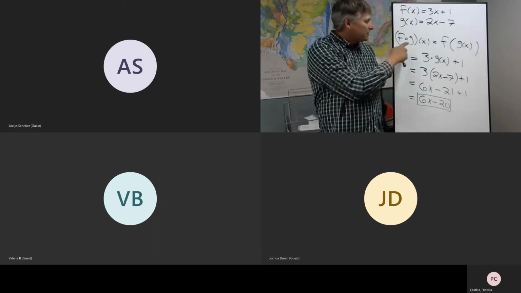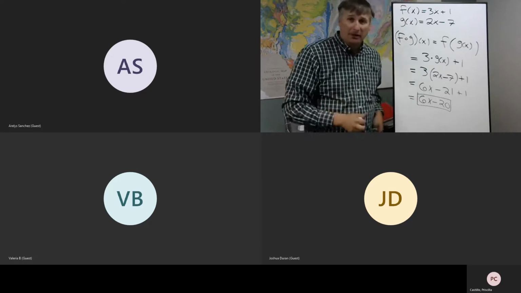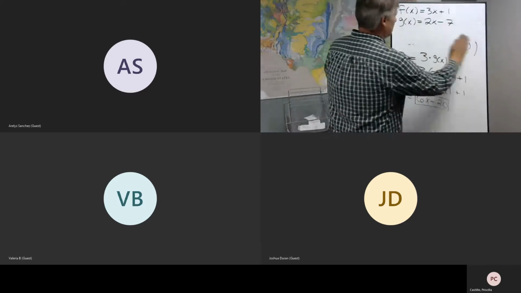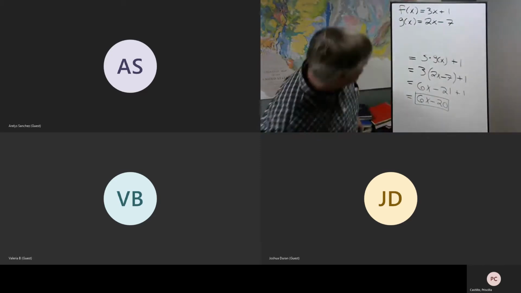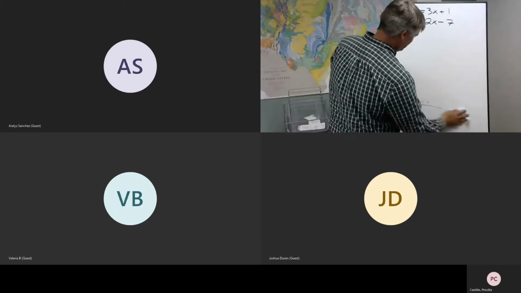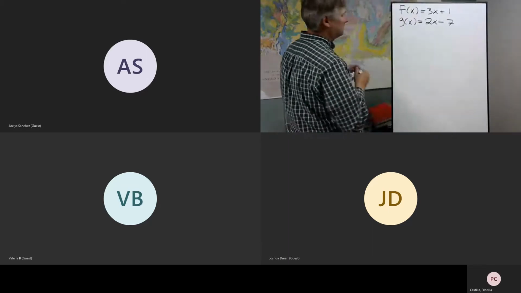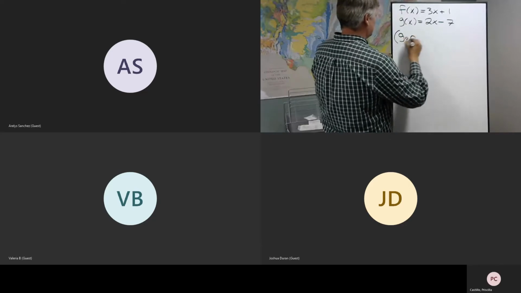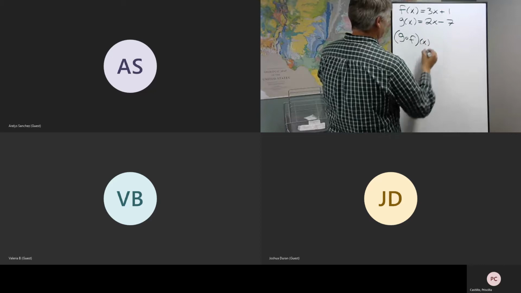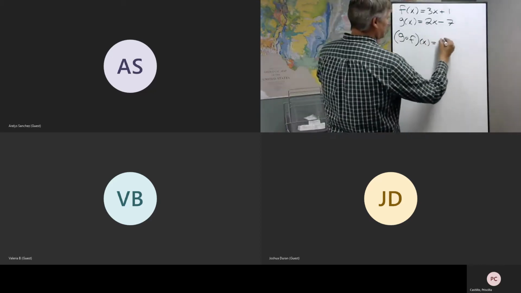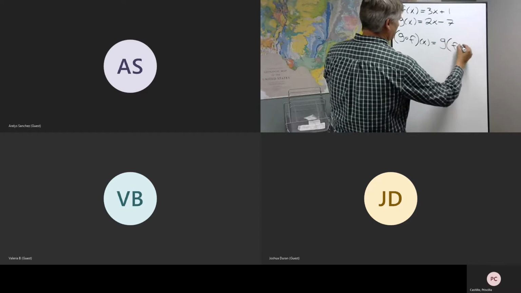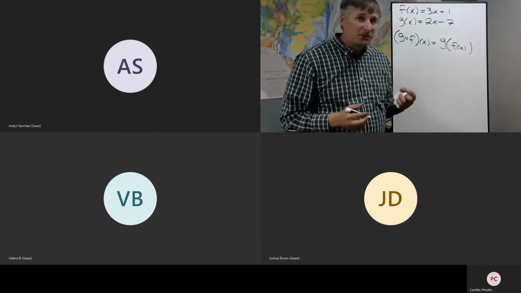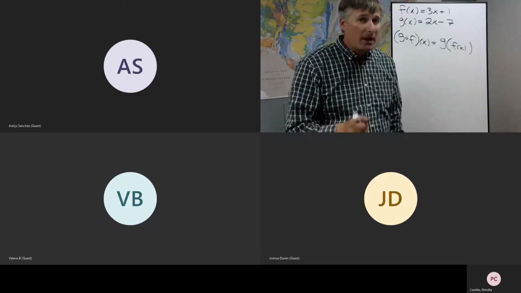Now, what happens if I go g circle f? What does that look like? Well, this means g of f of x. So this means we take the x that's in g and replace it with f of x.